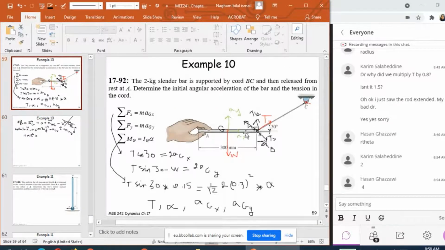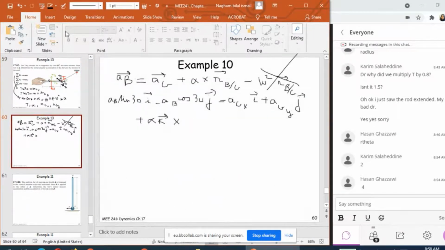Now what is GB? It's in the positive 0.15 I, right? So this means that this one will be what? K cross I is J, so it's 0.15 alpha J.